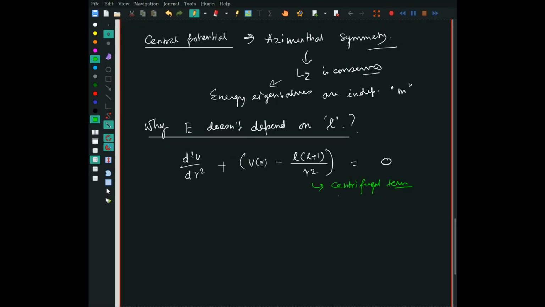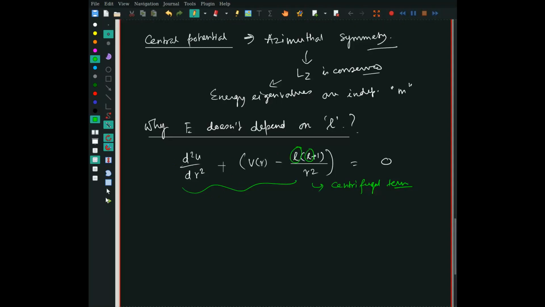So you get your energy eigenvalues by solving this equation. The solution of the radial equation depends on your constant l that denotes your angular momentum.